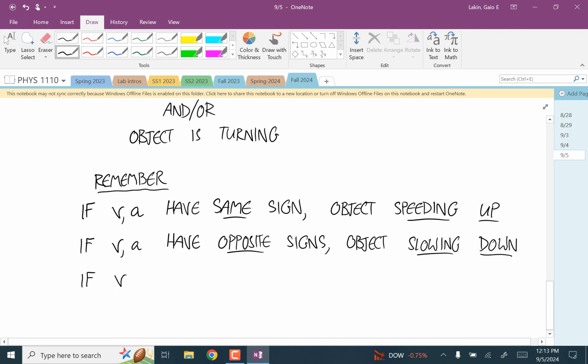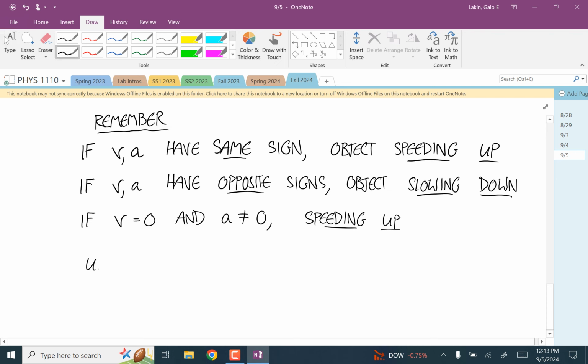If at this instant the velocity is equal to 0 and the acceleration is not equal to 0, well, you can't get any slower than velocity equals 0. That means the object is at rest, so this has to be speeding up. So from the acceleration alone, you can't tell whether something's speeding up or slowing down. You need to know both of those.